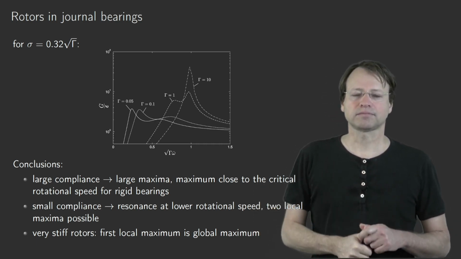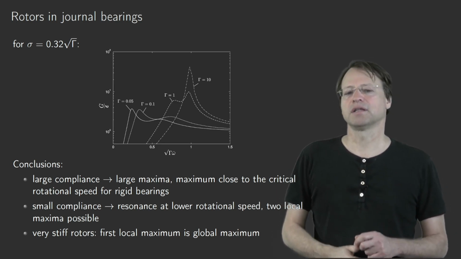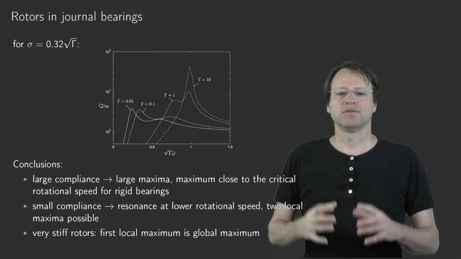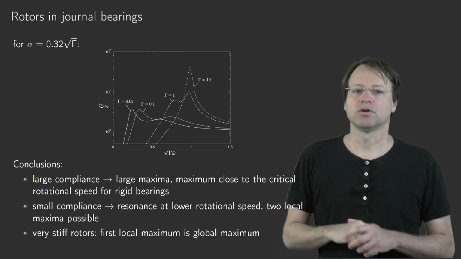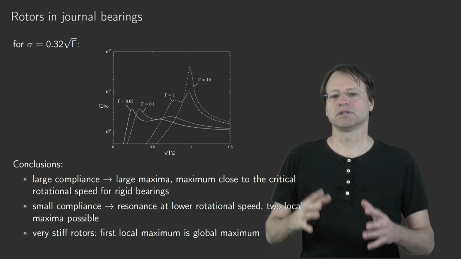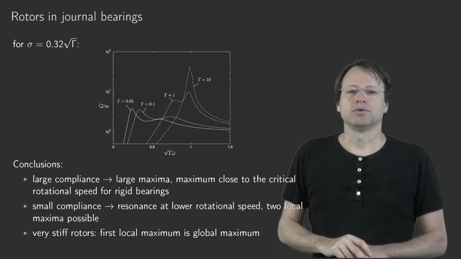First, the model for the journal bearings and the computation of the bearing forces and their linearization. And second, to study the influence of these journal bearings on the stabilities of rotors, namely rigid and flexible rotors in the sense of the Jeffcott rotor. So enough on rotor dynamics.